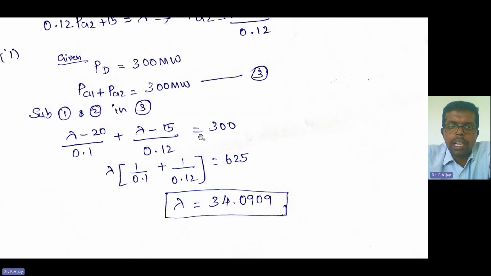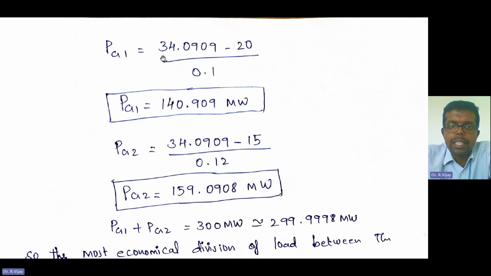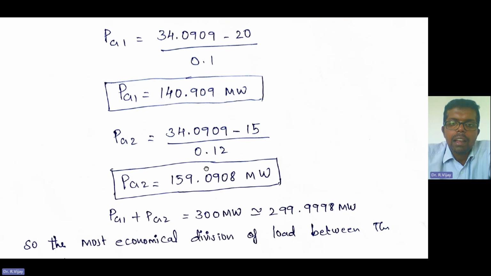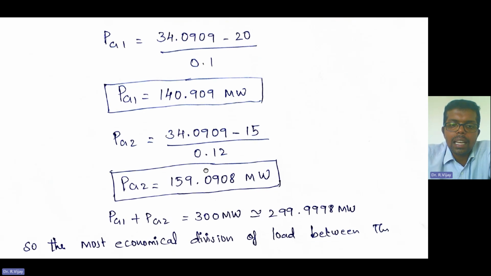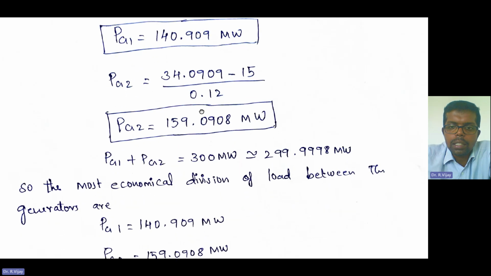Substituting lambda in PG1 and simplifying, we get 140.909 megawatt. Similarly for PG2, we substitute lambda, that is (lambda - B2)/2A2, and we get 159.0908 megawatt.